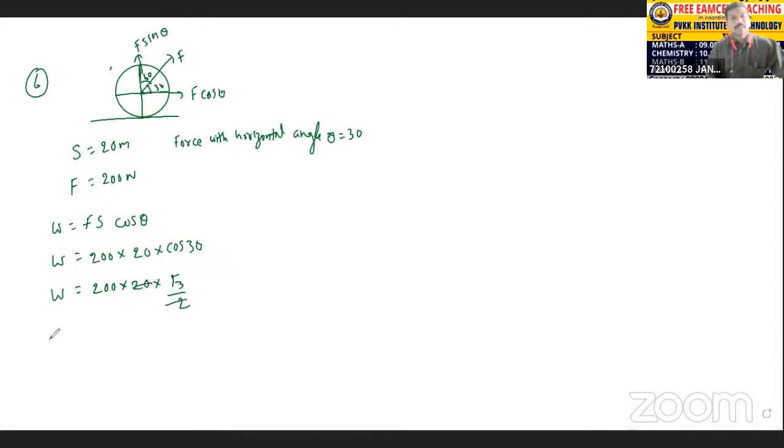These two get cancelled. So W is equal to 10 into 200, 2000 root 3. Yes, the answer is the third option.